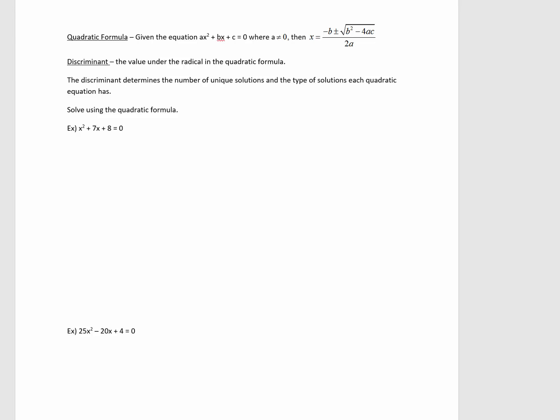So let's solve the following equations using the quadratic formula. For the first example, notice the equation is set equal to 0. So now I need to be able to determine what a, b, and c are. Well, a is 1, b is 7, and c is 8. Writing the quadratic formula, now I'm going to substitute the values in for a, b, and c.